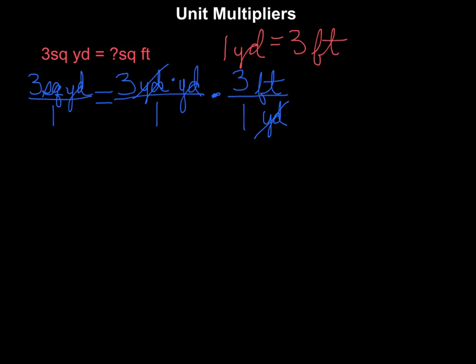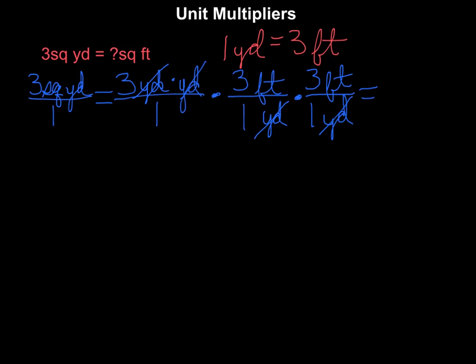So I need another multiplier. And since I need to change my other yard into feet, we're going to go ahead and use the exact same unit multiplier we did last time. Because now I have yards on top and yards on bottom again, and so my last yard will cancel. Now up top I've got feet and feet, which if we multiply those together will give us the square feet we're looking for. So now we're ready to multiply.